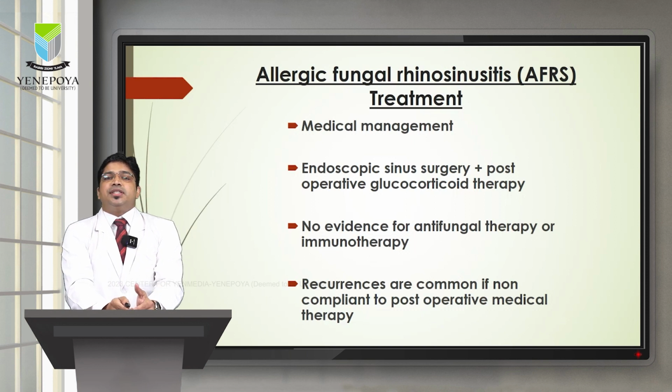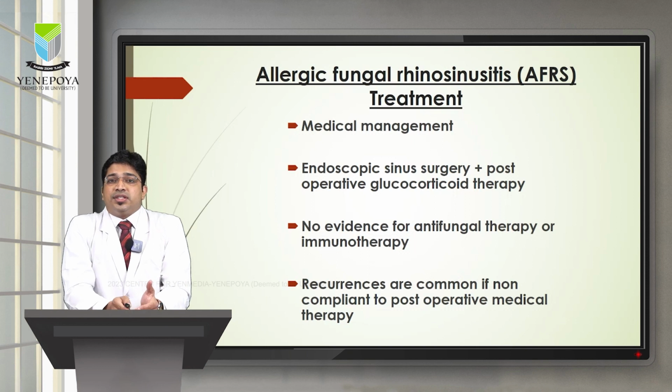But whenever more than one system of paranasal sinuses gets affected, or bilateral disease happens, we have to post the patient for endoscopic sinus surgery, which has very good prognosis. Endoscopic sinus surgery in association with postoperative glucocorticoid therapy will give very good prognosis for the patient in terms of fewer recurrences.